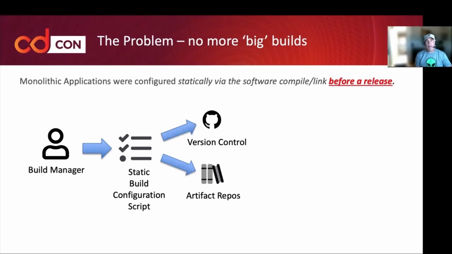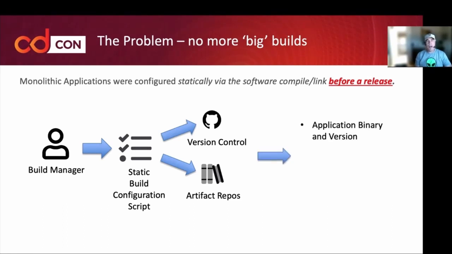What ends up happening in that process is we end up interacting with our version control like Git. We pull our code down. We'll interact with artifact repositories. If we're building a Java application, we'll be interacting with something like Nexus or Artifactory, some sort of Maven repository to pull and push artifacts to.